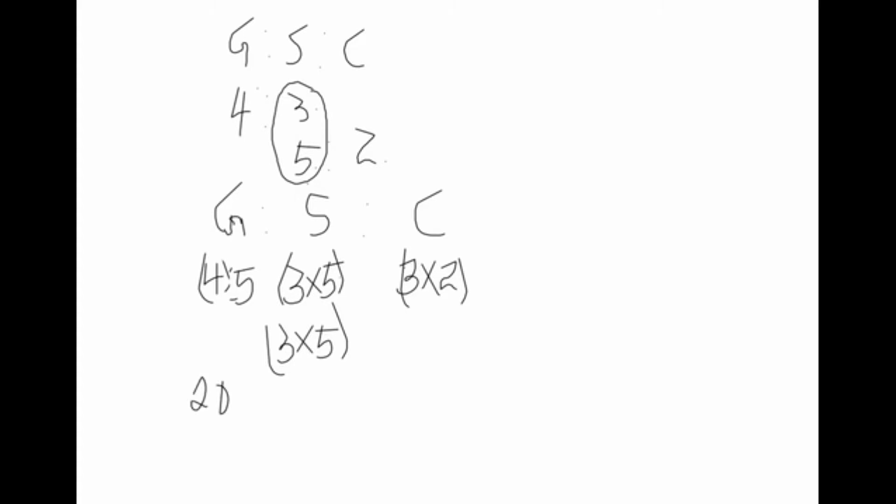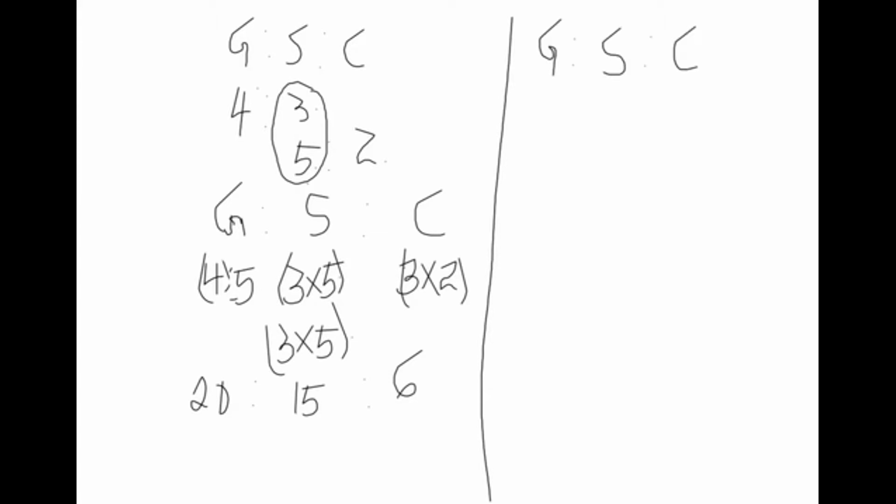This is 15 and this is 15. So we take 1. So we have 15, then 2 to 6. So we have goats to sheep to cows, we have 20 to 15 to 6.